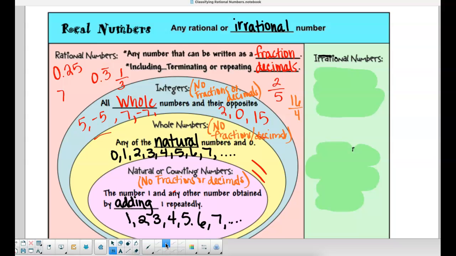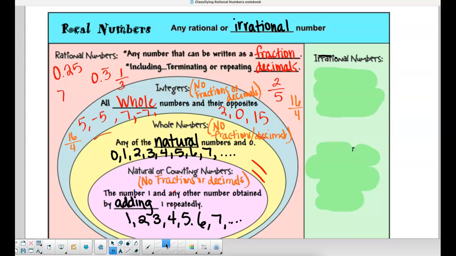Yes. Why is 16 over 4 also an integer? Right? 16 over 4 is just 4. 16 divided by 4. It can be simplified to 4.